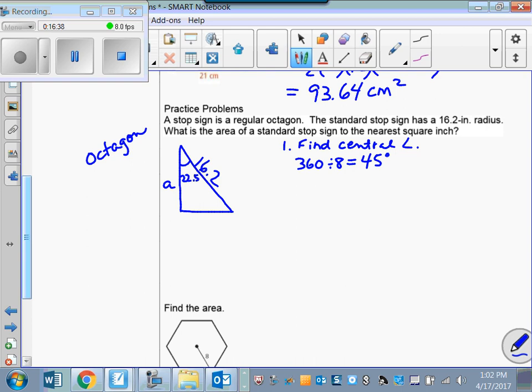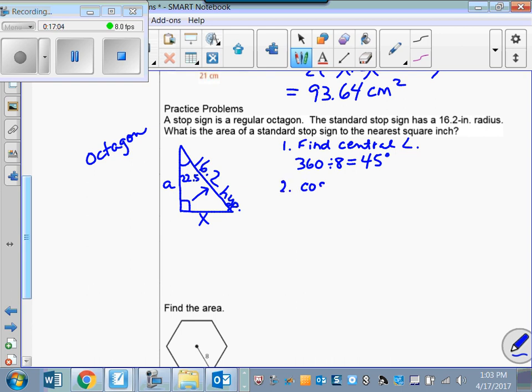So now we can just use trig to find our apothem. Oh, we also have to find this too. We don't know what that length is. What do we have this time? We have the hypotenuse, right? Here's the hypotenuse. So we're going to have to use sine and cosine. Hopefully you haven't forgotten your trig. So let's start with the apothem. The apothem is the side adjacent, so that's going to be cosine.